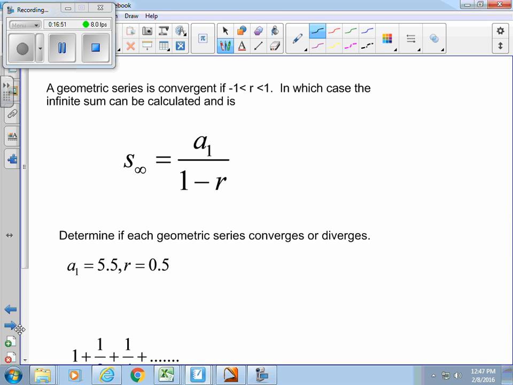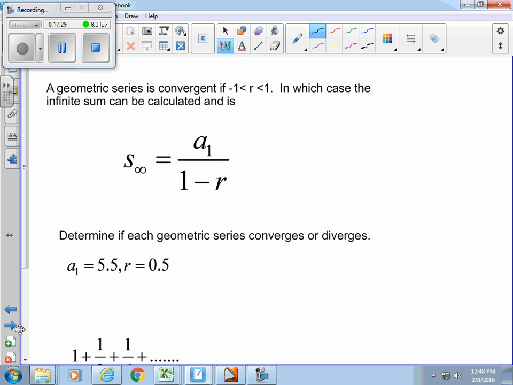A geometric series is called convergent if the common ratio is between -1 and 1, in which case the infinite sum can be calculated, and it's just the first term divided by 1 minus r. A series is a sum of a sequence, by the way. You can now see why. In Algebra 2, you just had to memorize the formula because Miss King said so. But now you can see why that limit would exist, and you can sum up an infinite amount of numbers.